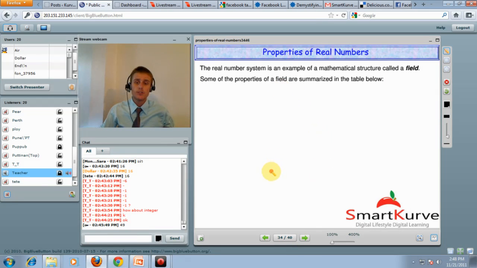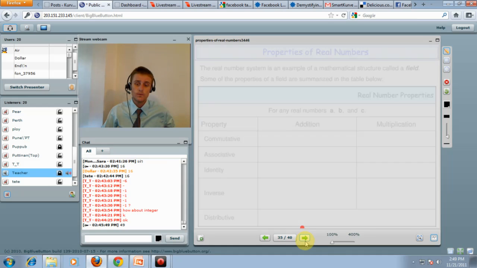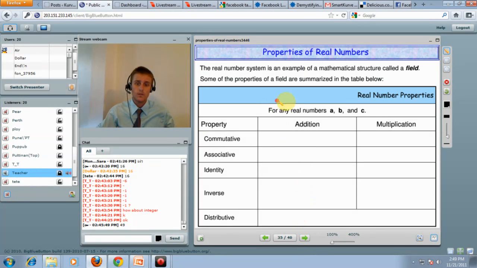The real number system is an example of a mathematical structure called a field. Some of the properties of a field are summarized in the table below. For any real numbers A, B, and C. For commutative addition, A plus B equals B plus A. It is the same.